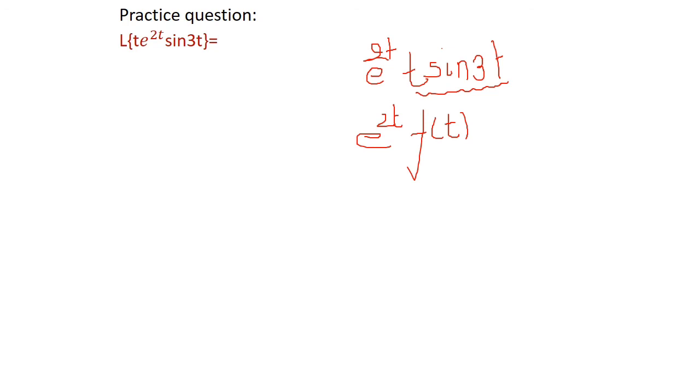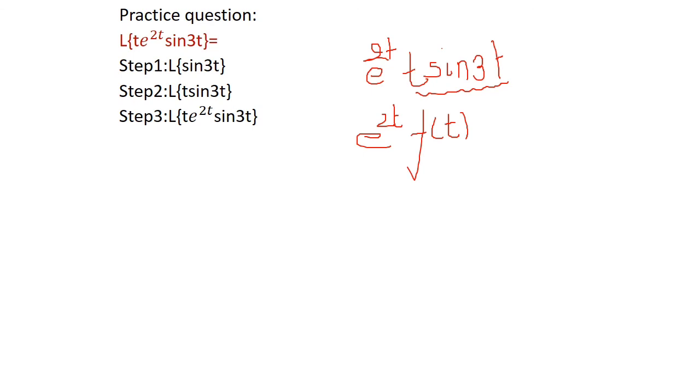We need to find the Laplace transformation of t sin 3t, and after that we apply the first shifting property. This is very easy. Let's start. First, find the Laplace transformation of sin 3t. Second, find the Laplace transformation of t sin 3t. After this, we use the first shifting property.